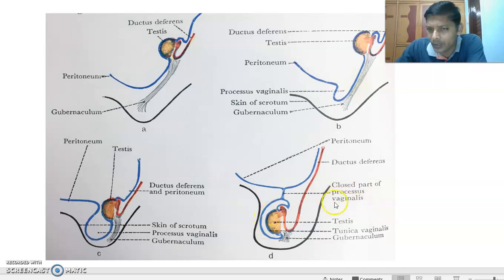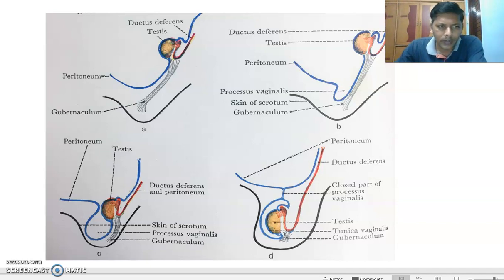Finally, the testis has entered this part. This is the gubernaculum, which is connecting the testis. It is actually attached to the cauda epididymis. We will learn about that later. That's about the descent of the testis.